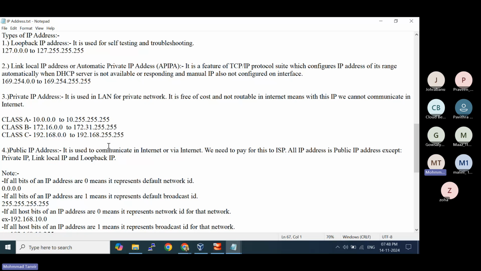Now moving to the next, that is types of IP address. There are four types of IP address.